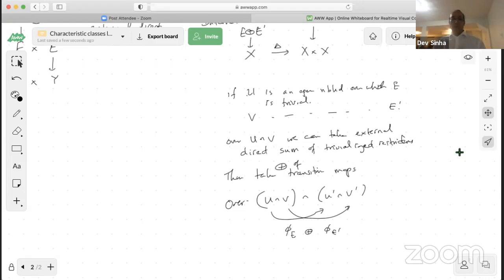If I've got two continuous families of matrices, then their direct sum will also be a continuous family of matrices. So the upshot is that any continuous, let's go back.